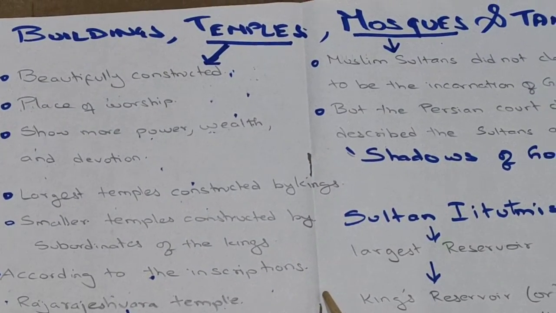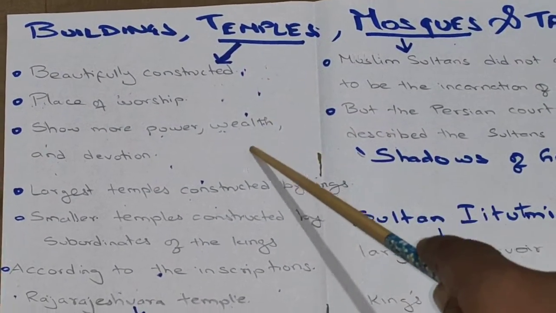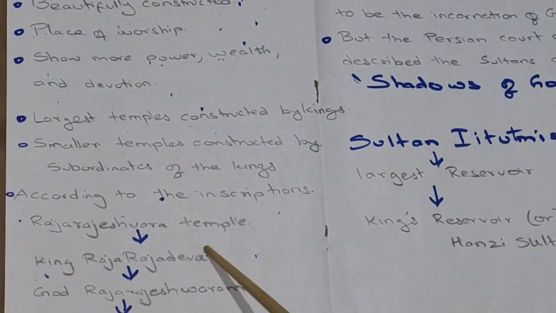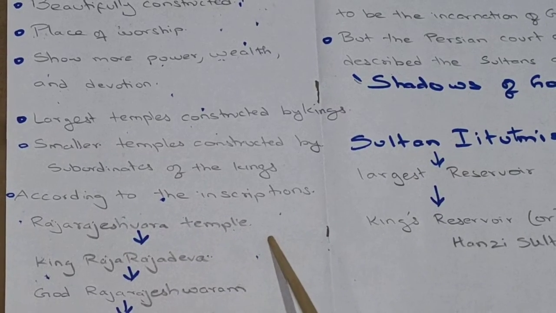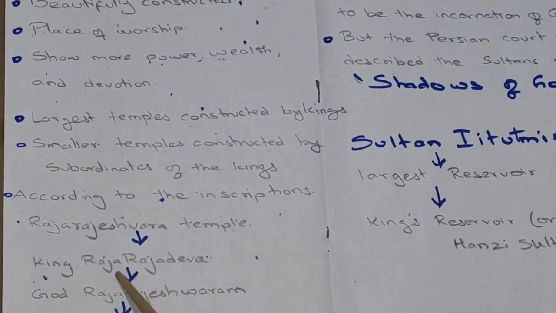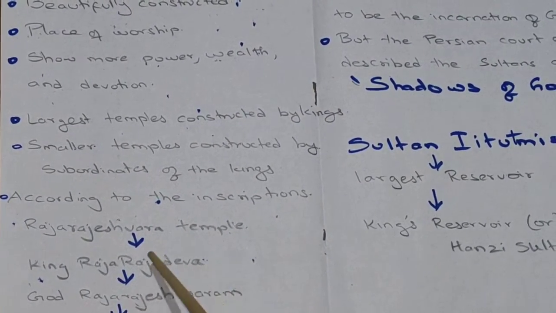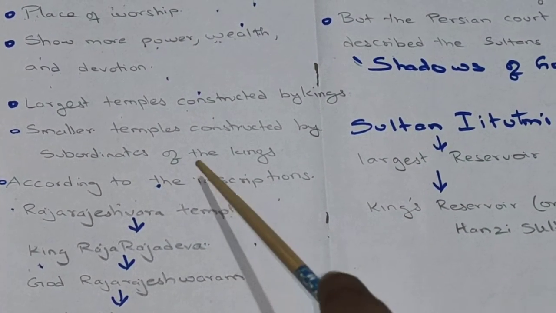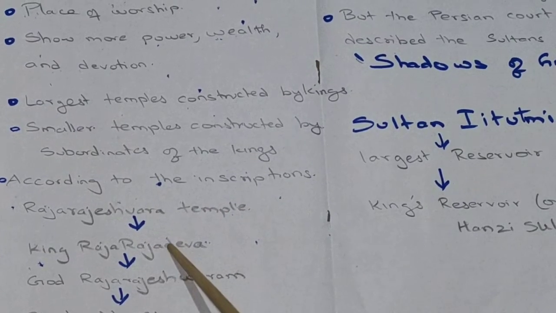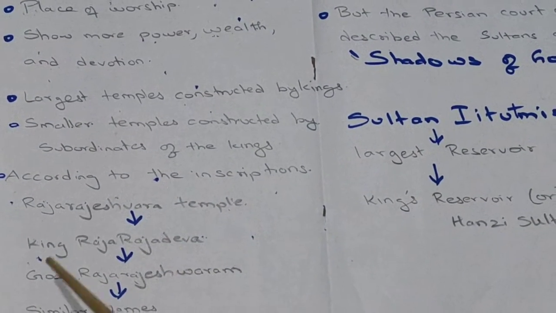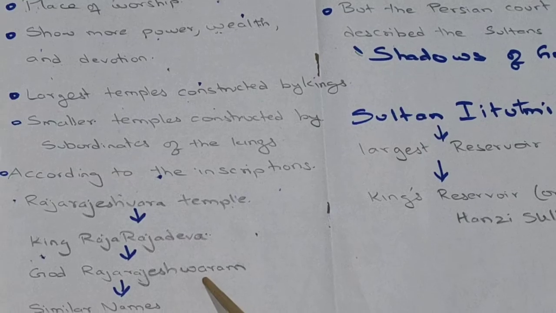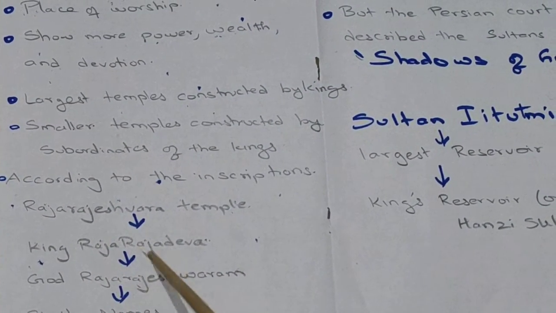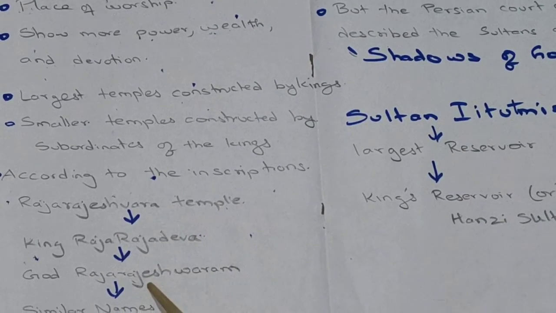Here we can see an example of the Rajeshwara temple. According to the inscriptions, this Rajeshwara temple was built by King Rajarajadeva for his god Rajarajeshwaram. You can see that the names are similar, Rajarajadeva and Rajarajeshwaram.